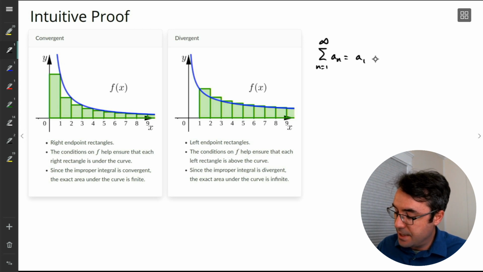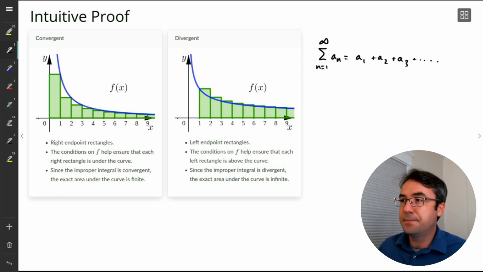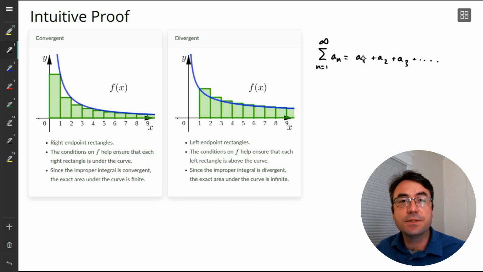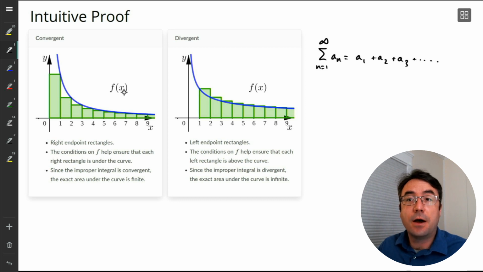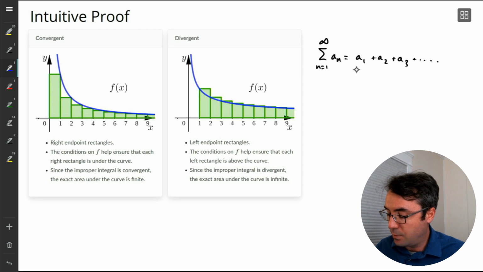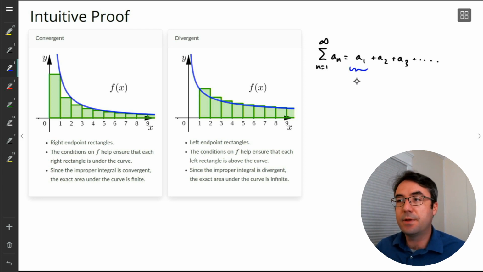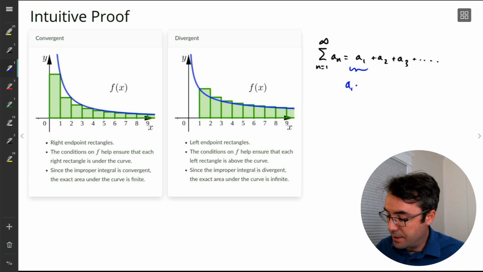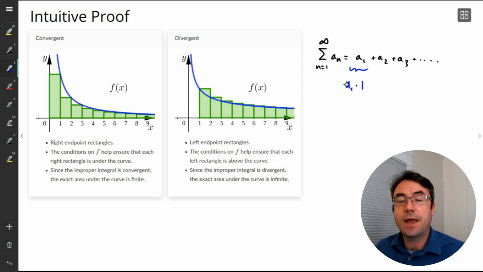If we write this out, a1 plus a2 plus a3 and so on, we can think of each of these individual values of our sequence as representing the height of a rectangle, or the area of one of those rectangles. So we could think of a sub 1 as a sub 1 times 1, where a1 is the height of a rectangle and 1 is the width.